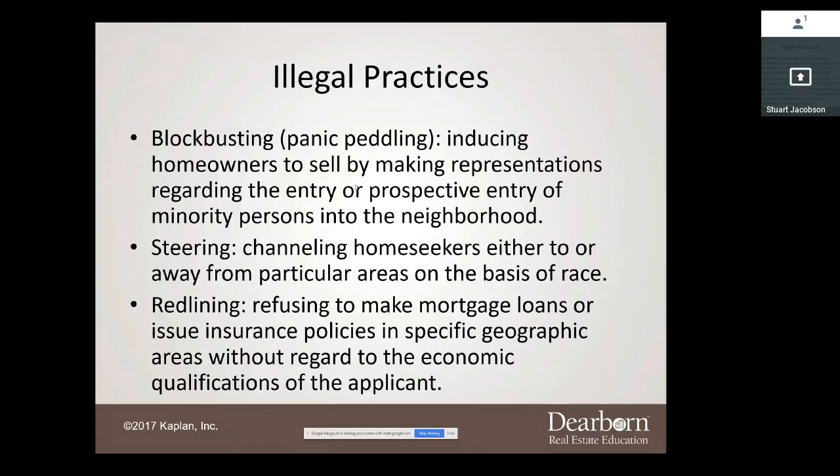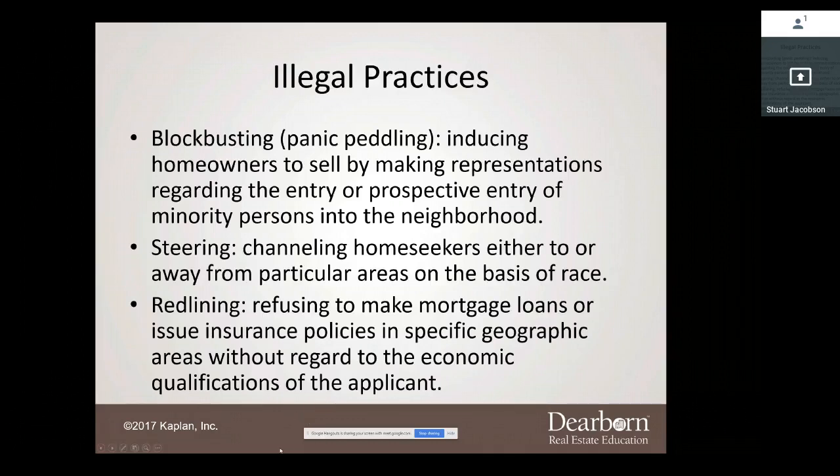We had parts of our country where particular protected classes could not obtain loans or insurance in certain areas. And historically, depending on how you look at things and how you read how we have had our civil interactions as a country, a lot of people say that the practice of redlining was what created what we would call modern day ghettos.